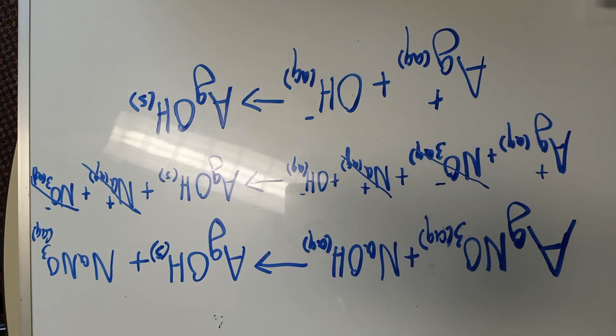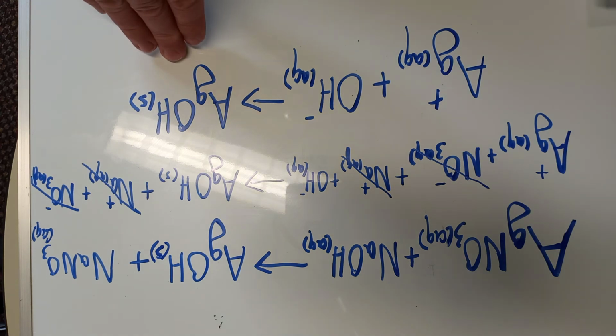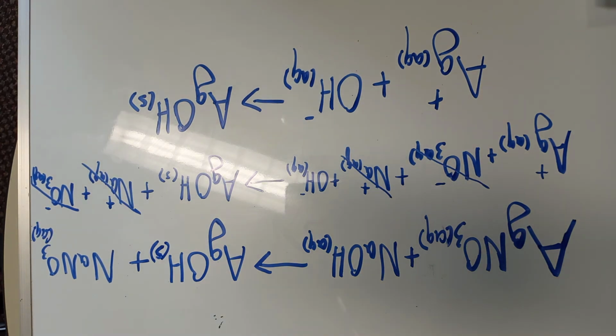That's all that really happens in this reaction. But again, without the Na and the NO3, that would not be able to occur. But the Na and NO3 are unchanged, so they are eliminated from our final net ionic equation. This is what your net ionic equation should look like for a precipitation or double replacement reaction.